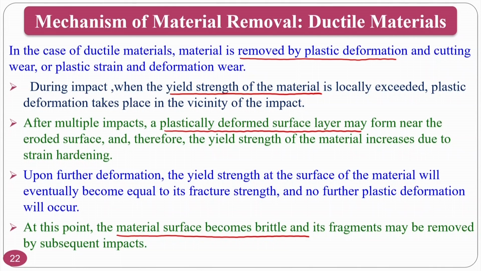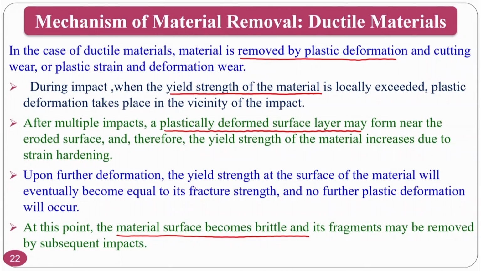At a certain position the yield strength will become the fracture strength, and the fracture will take place in the material and it will go out as a chip. Okay. In this particular point you have to note that the yield strength increases and reaches the fracture strength, and the fractured material will go off, leaving a cavity there.